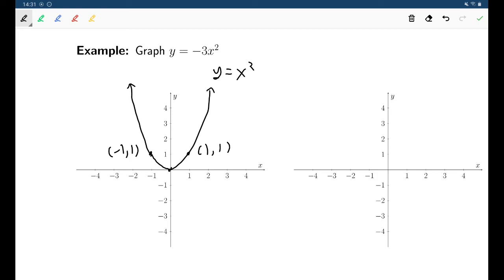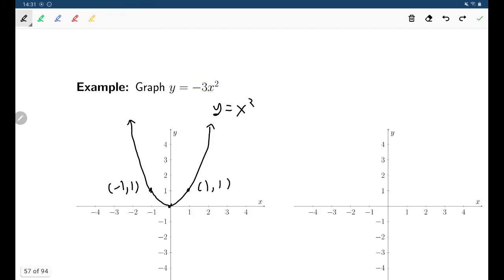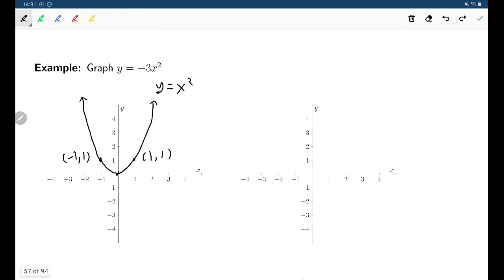And then now for y equals -3x squared, I'm going to do the stretch and the flip all at the same time by multiplying every y-coordinate by -3. So that means that the point 1, 1, multiplying its y-coordinate by -3, gets me 1, -3. 0, 0, its y-coordinate is 0, multiply it by anything and it stays as 0. -1, 1, multiply that y-coordinate by -3, you get the point -1, -3.